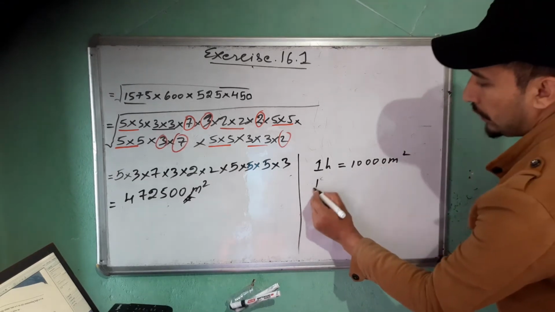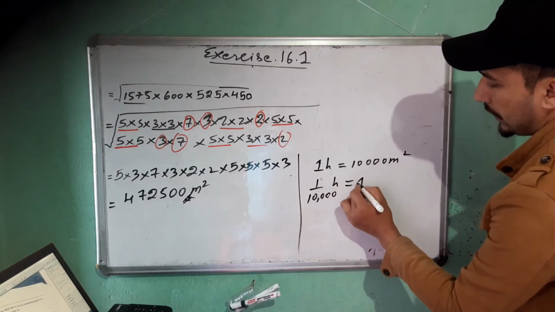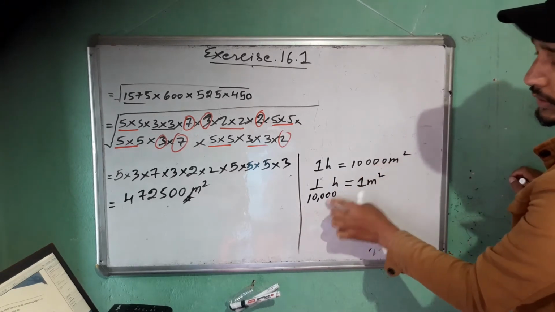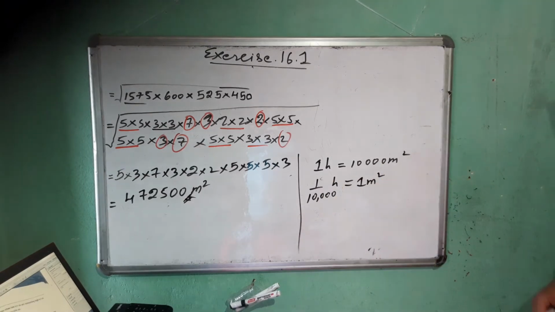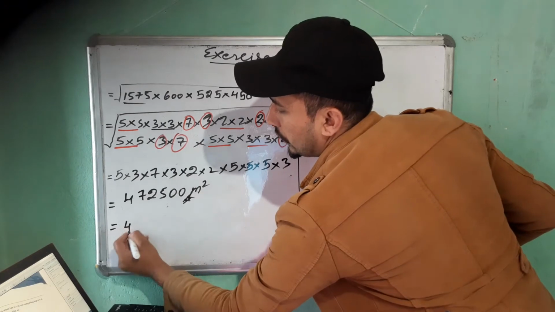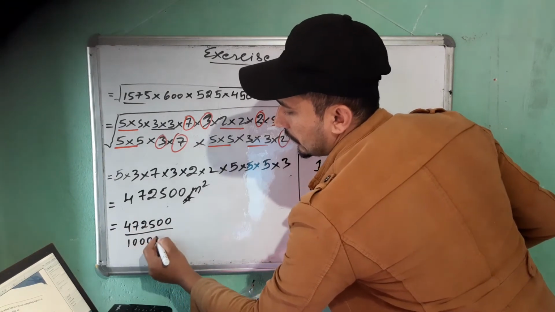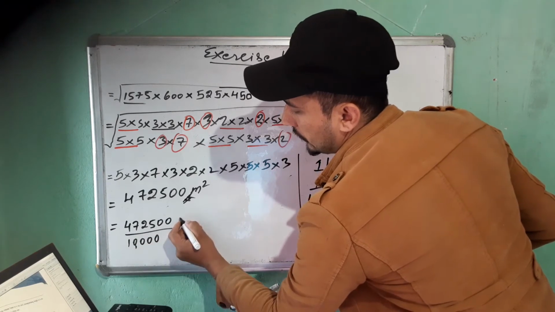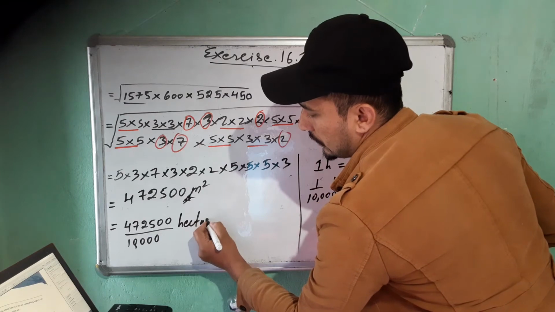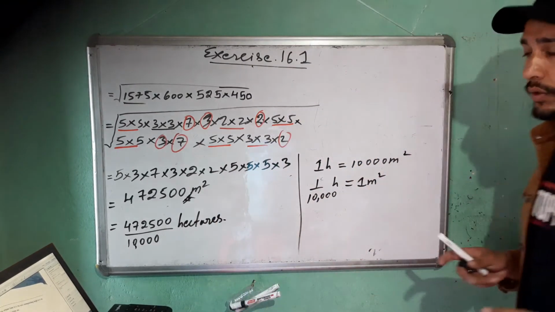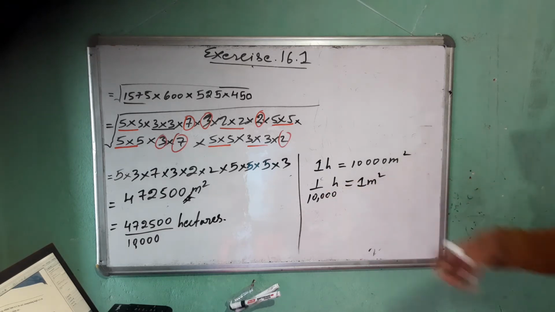So 1 by 10,000 hectares is equal to 1 meter square. So it will be 472500 divided by 10,000 hectares. You have to divide in order to convert this, because 1 meter square is 1 by 10,000 hectare.